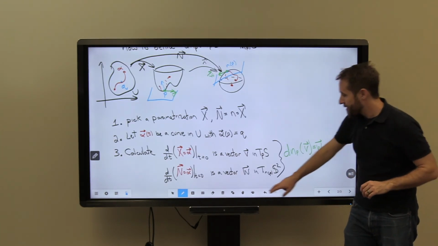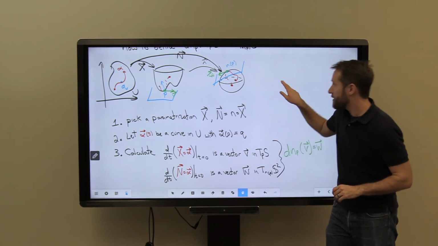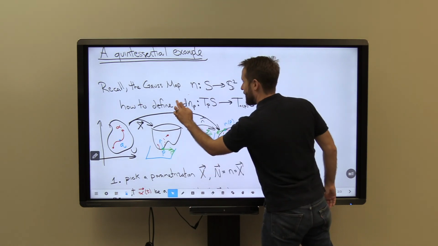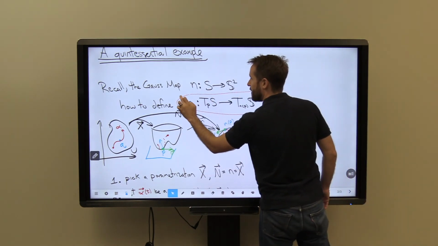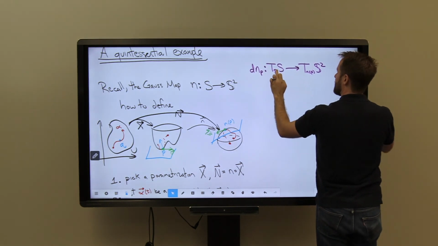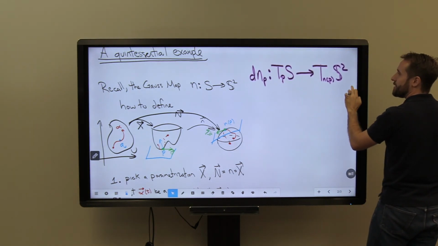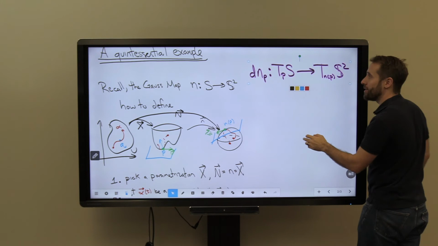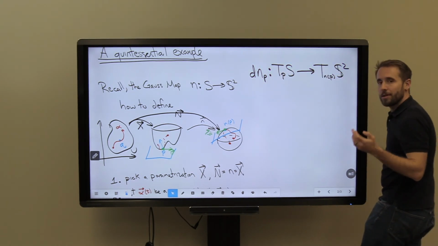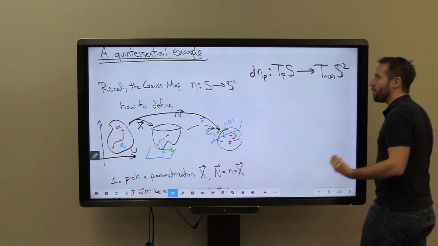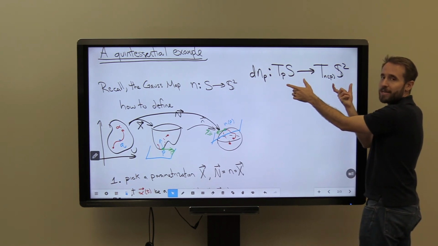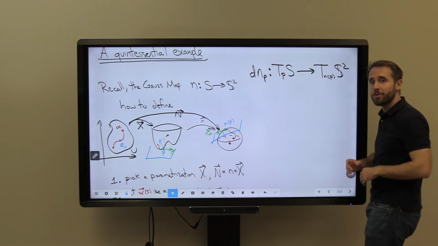If I go all the way back to this screen and slide up, we have this schematic that we like to look at, in which this differential is a function from T sub P of S to T sub N of P of S2. There will be moments in time when I want to recall that these two tangent spaces are actually parallel to each other.